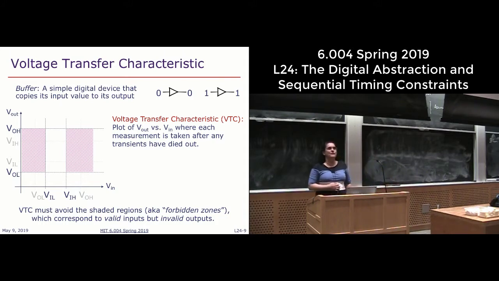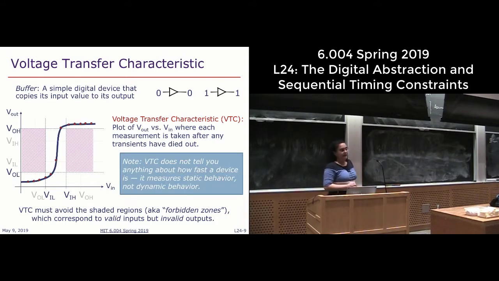So what do these red regions represent? These red regions represent a valid input, because they're either less than VIL or greater than VIH, but an invalid output, because I'm not producing an output that's either less than VOL or greater than VOH. So my curve cannot go through here.